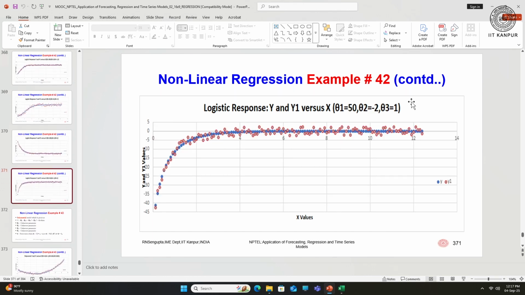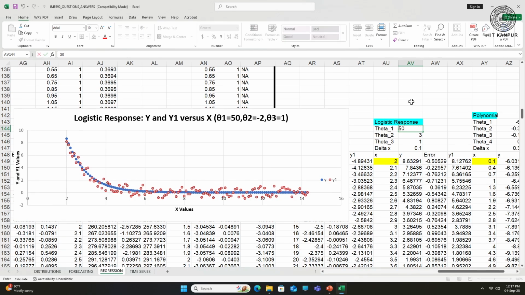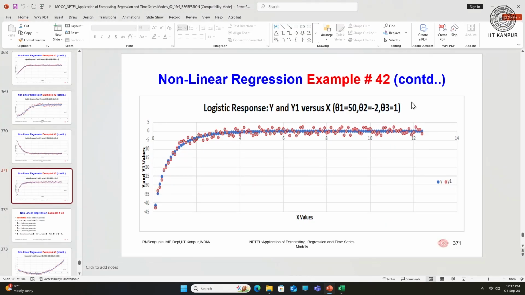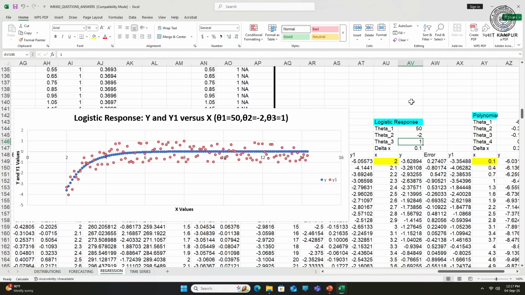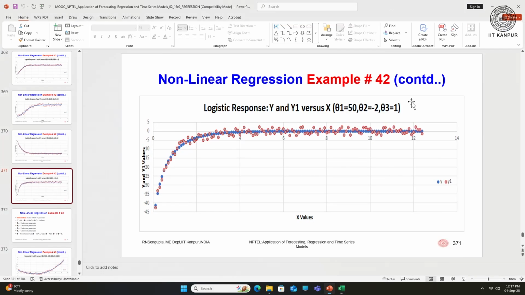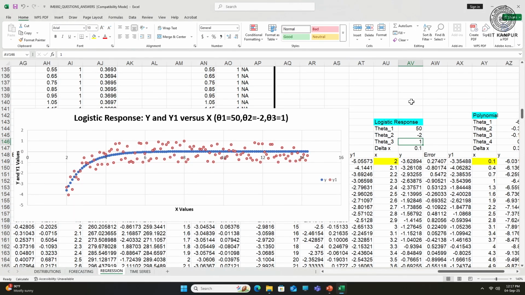The last one is for the case when you have theta 1 as 50, theta 2 as minus 2 and theta 3 as 1.